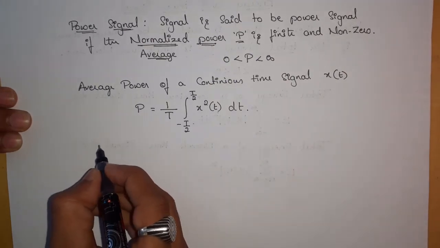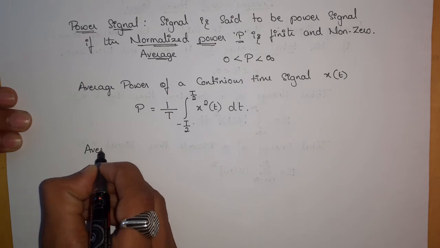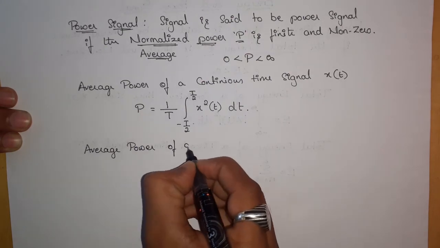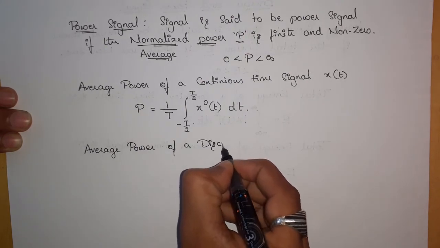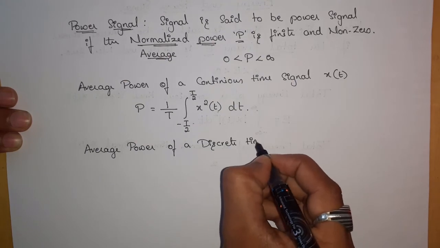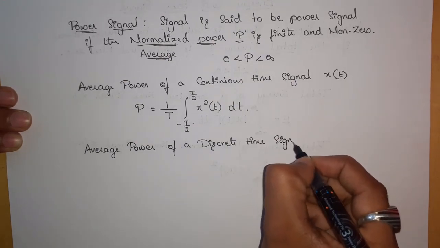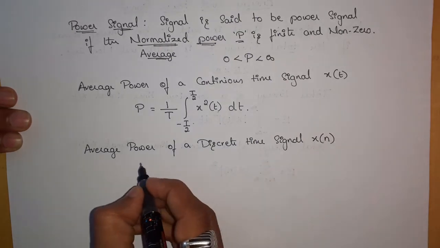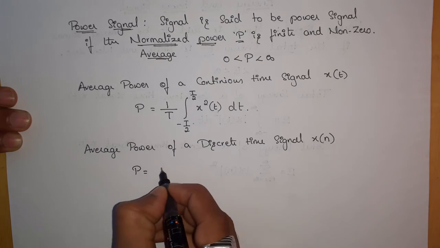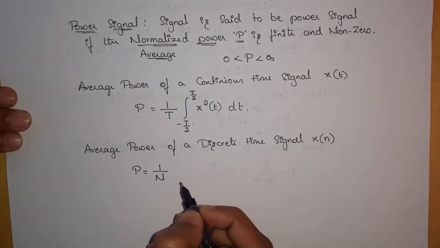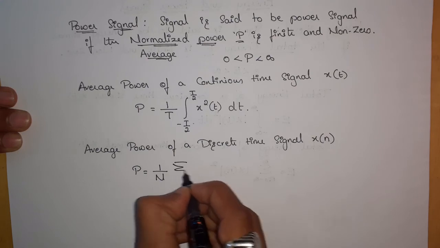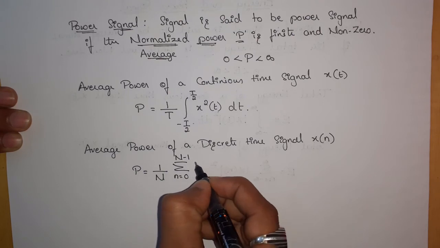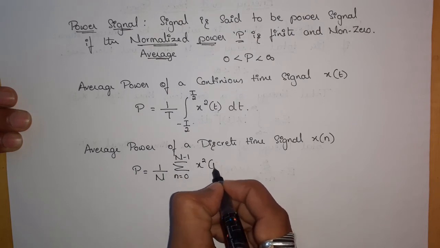The same for a discrete time signal, we can mark it as the average power of a discrete time signal x of n, represented as capital P is equal to 1 upon N summation of n equal to 0 to capital N minus 1 of x square of n.